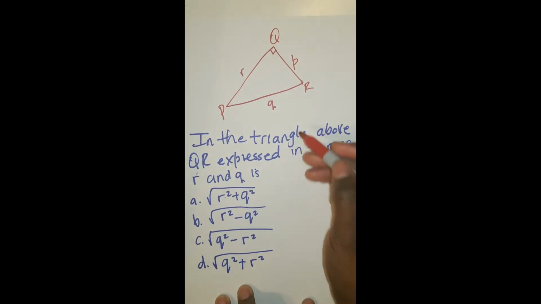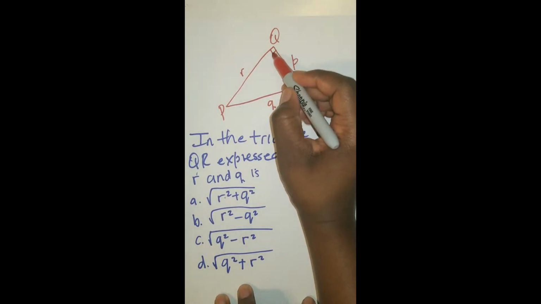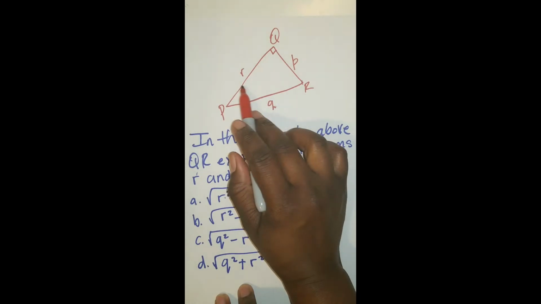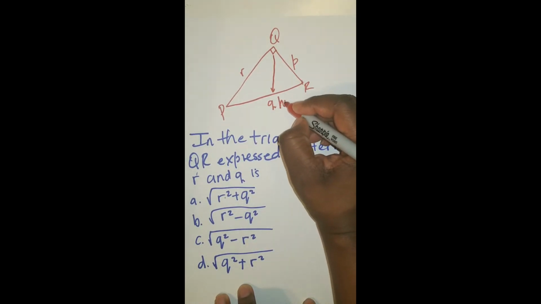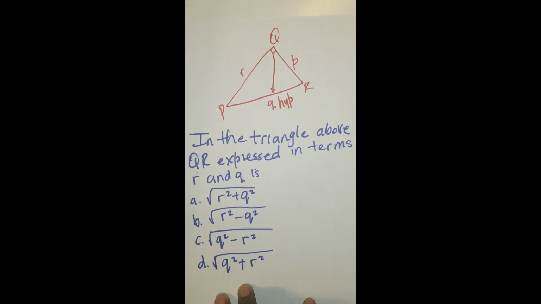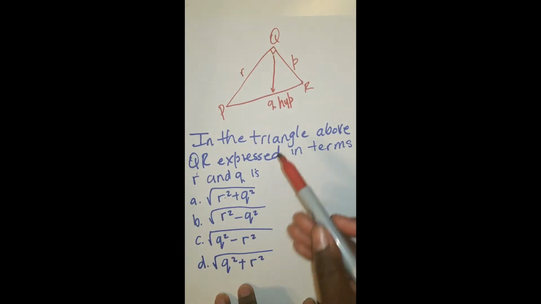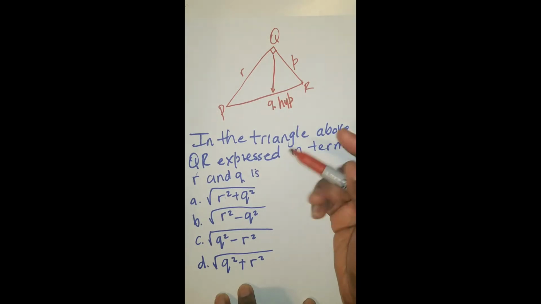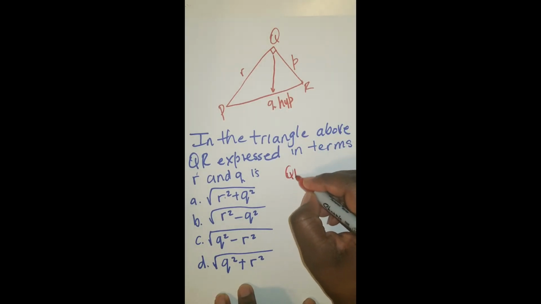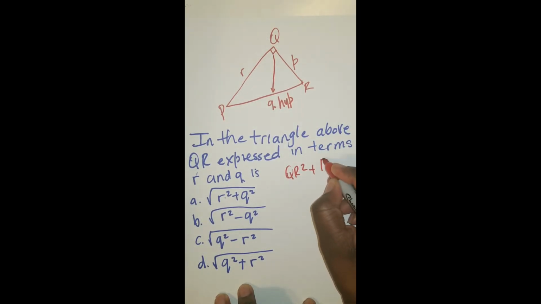So let's go, guys. Even though the triangle is shaped like this, we know the hypotenuse is always opposite the 90 degrees. So never get that mixed up, alright? We know that QR squared plus PQ squared is equal to PR squared.